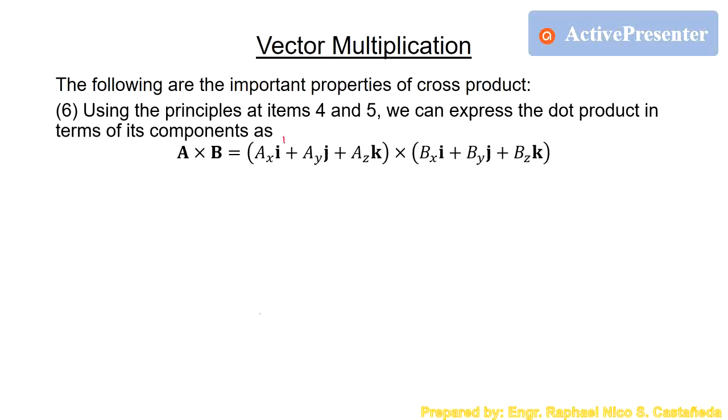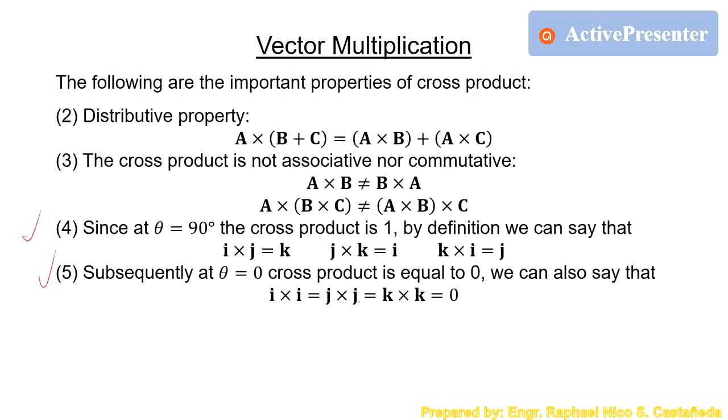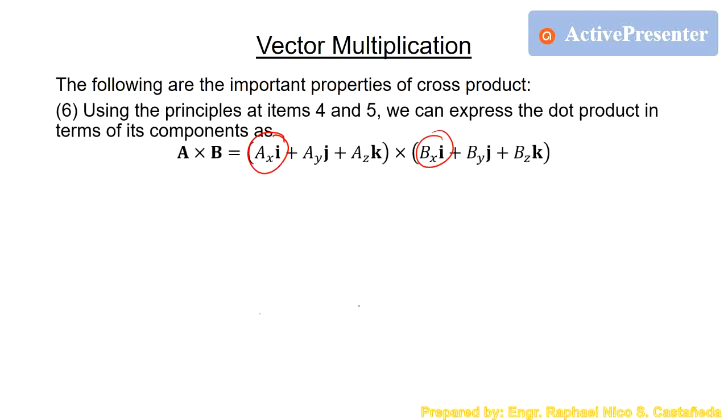So let's start with AX and BX. We get AX i times BX i, and since i cross i is 0, we don't have the value for AX and BX multiplied to each other.